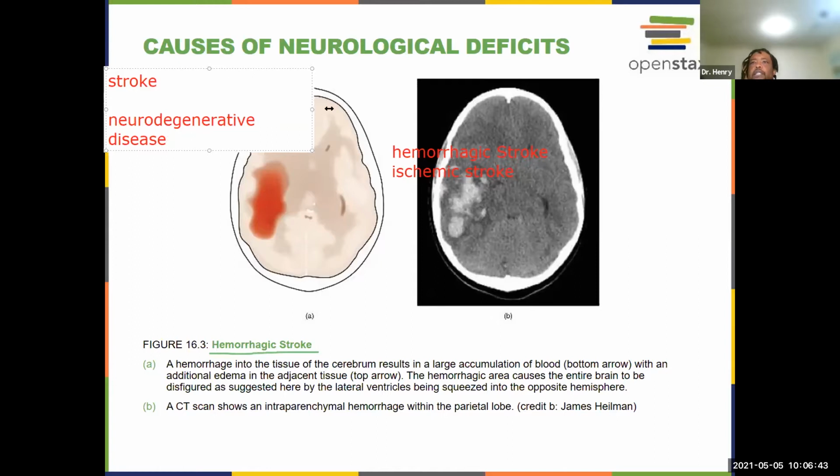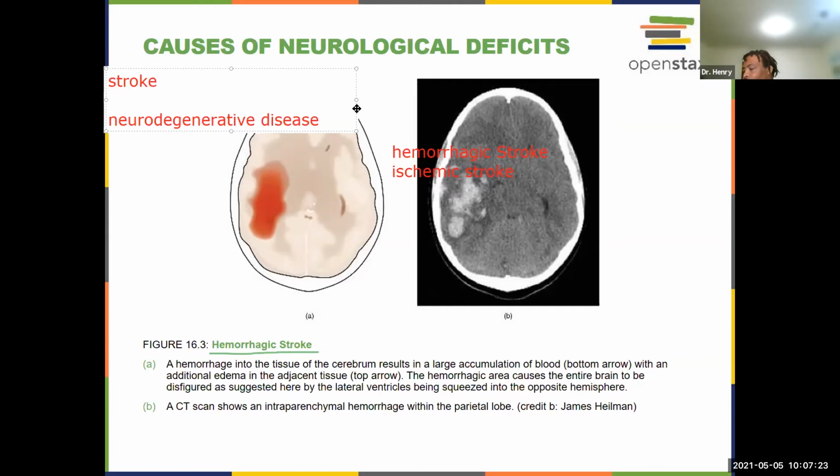So these are diseases like Alzheimer's, Parkinson's, Huntington's, ALS, which is amyotrophic lateral sclerosis, or multiple sclerosis.